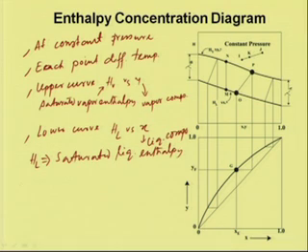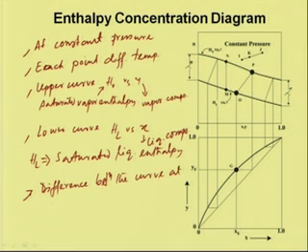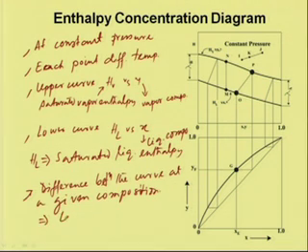Now, for any given composition, the difference between these two curves at any point is known as the latent heat of vaporization of the mixture.